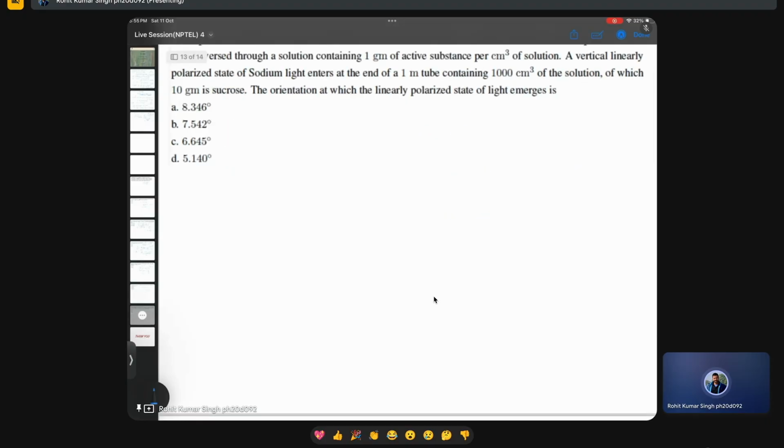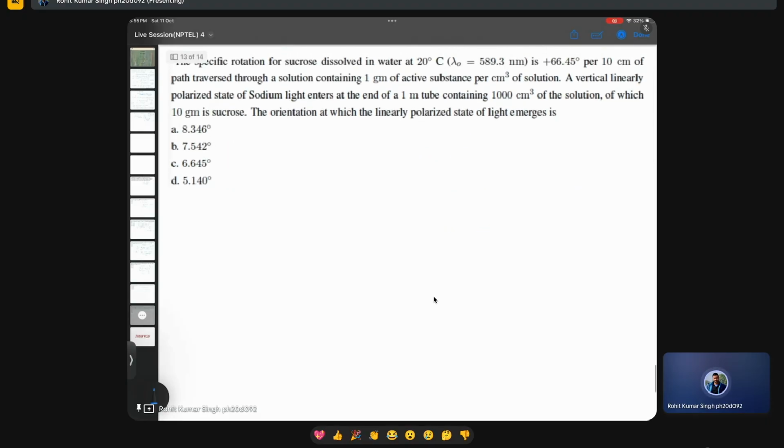I have put one problem based on rotation of plane of polarization when a linearly polarized wave travels inside a solution. This type of problem you will have in an exam. So what is given here? The specific rotation for sucrose dissolved in water. Sucrose, as I told you, is basically sugar, at 20 degrees Celsius.